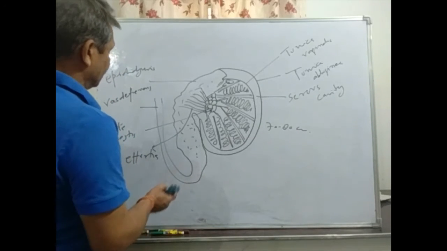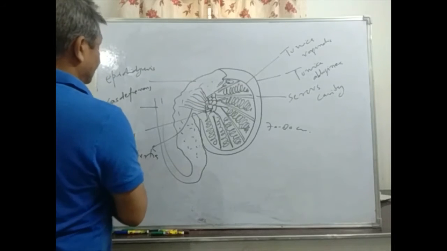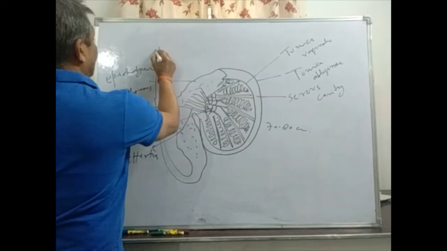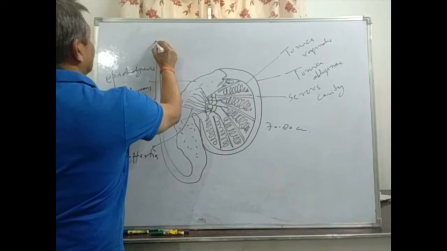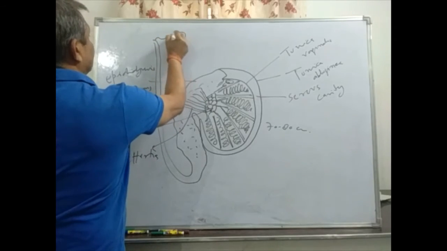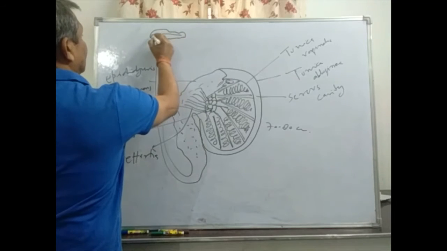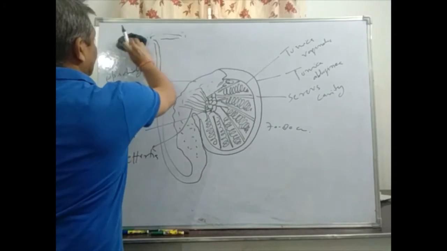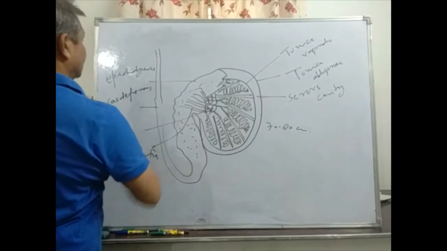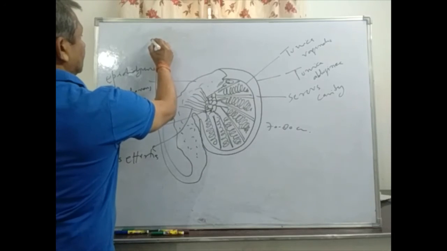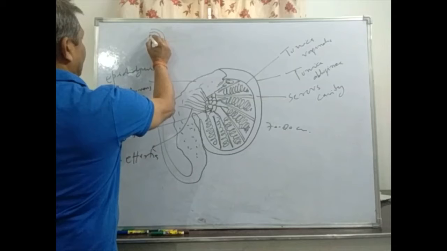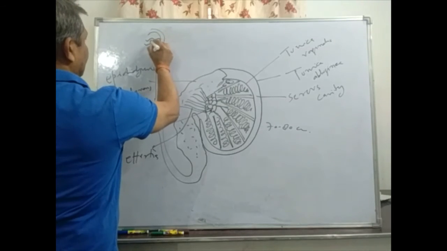Okay, so how the vas deferens continues, and it attaches with the seminal vesicle. This is coming like this, and here is the structure, seminal vesicle.